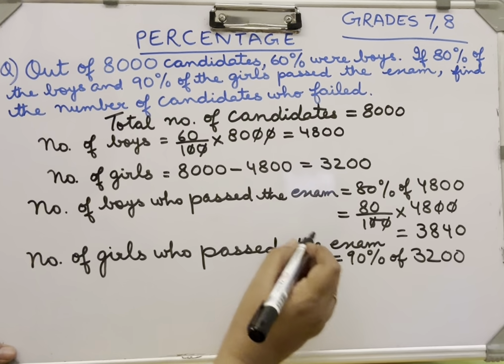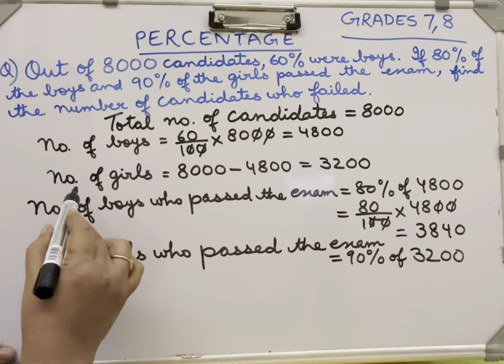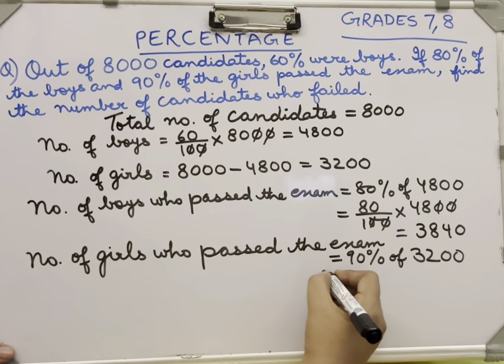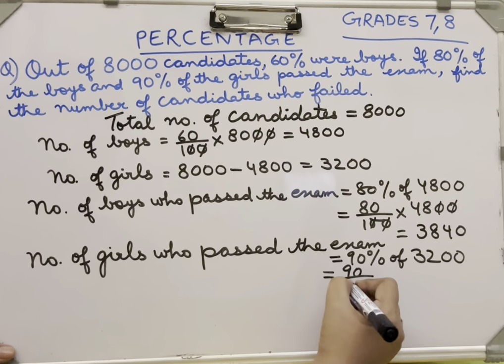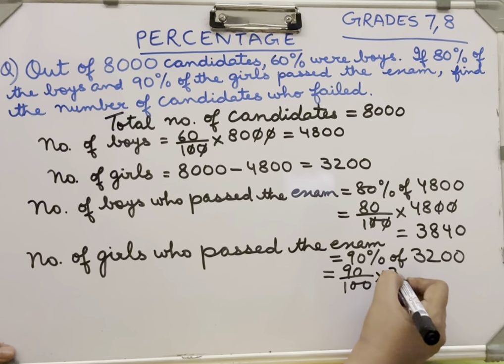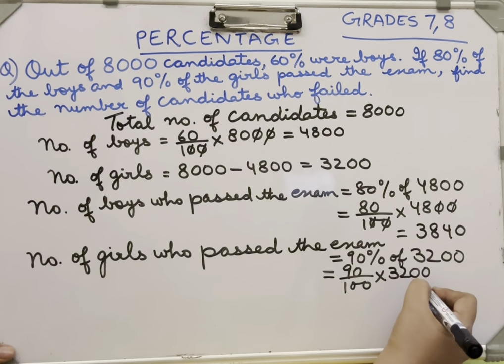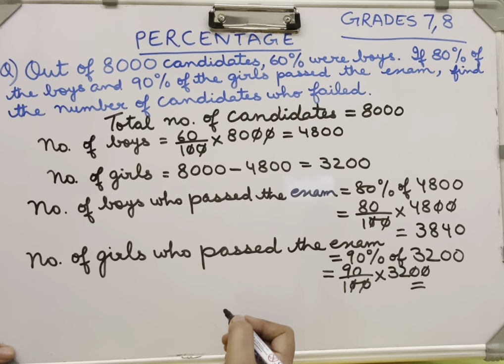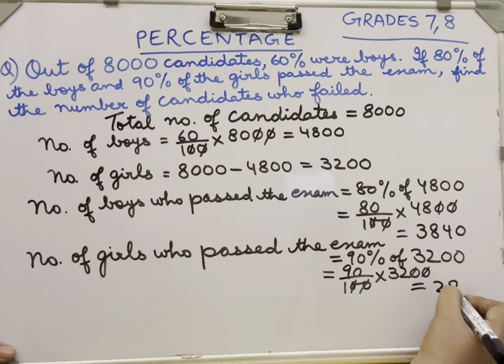Why? Because 3200 we just calculated previously are the number of girls. So this is 90 divided by 100 multiplied by 3200, and upon simplification 90 multiplied by 32 is 2880.